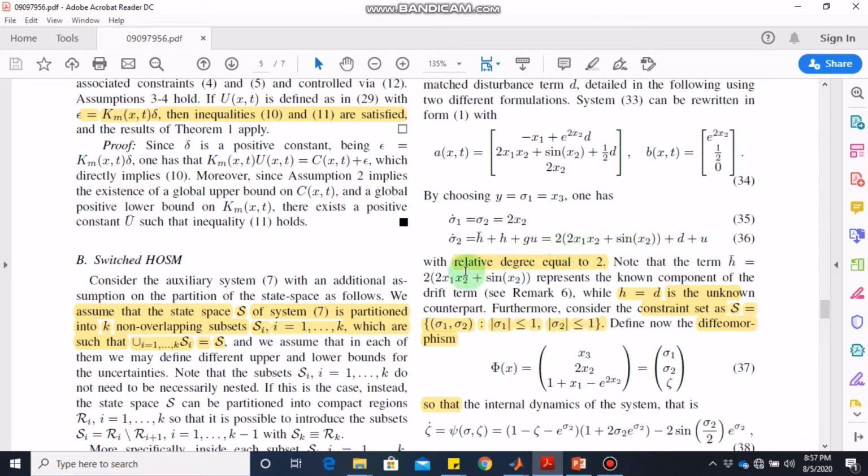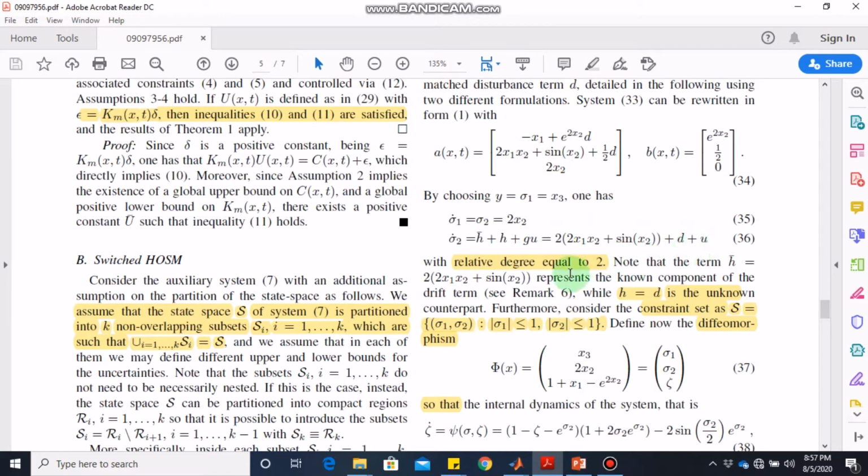Since the control input appears in the second derivative of the output, this system has a relative degree 2. The first derivative of the output is 2x2, and the second derivative of the output is this whole thing, which has the control input u.